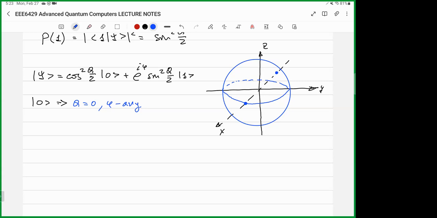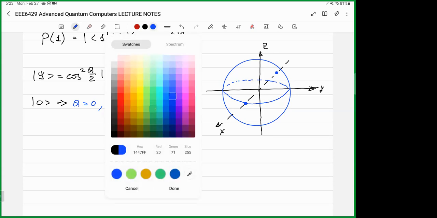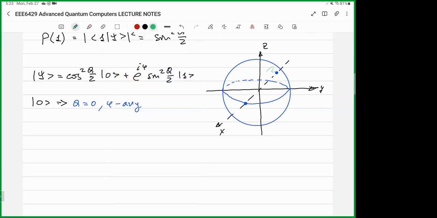Yeah, so we introduce the radius vector in this sphere, like this, right?